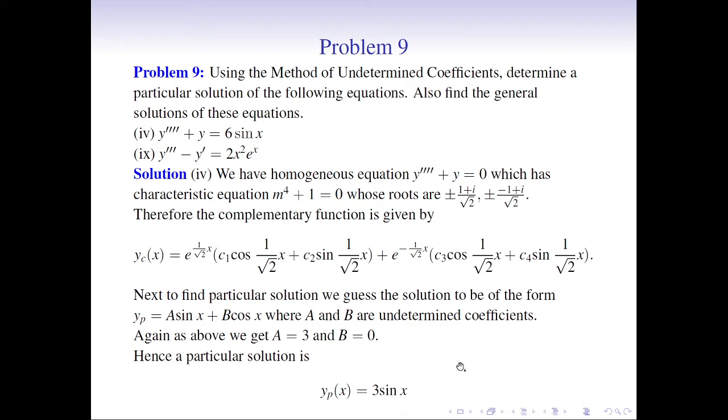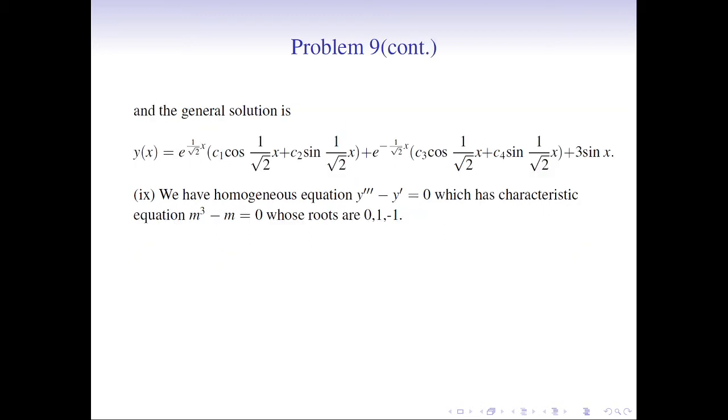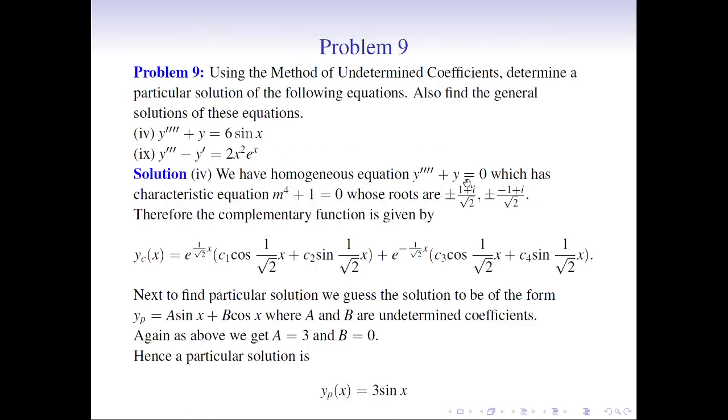Okay, so here we have already determined the particular solution in the 9th part of the 9th problem. We have to also find the general solution. I missed this. So the general solution is the complementary function plus the particular solution.